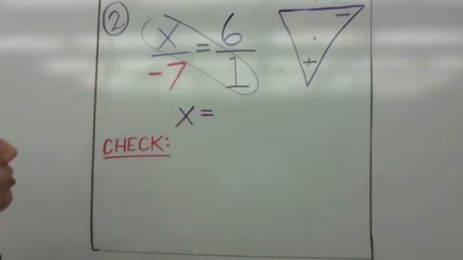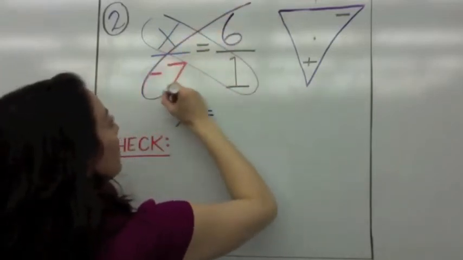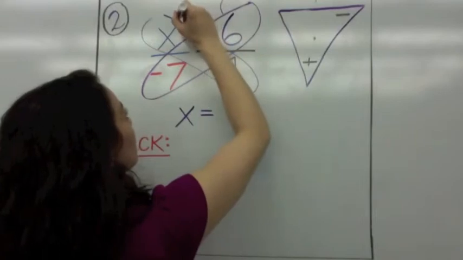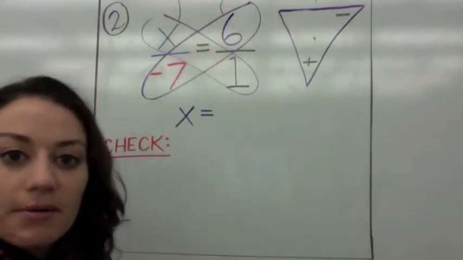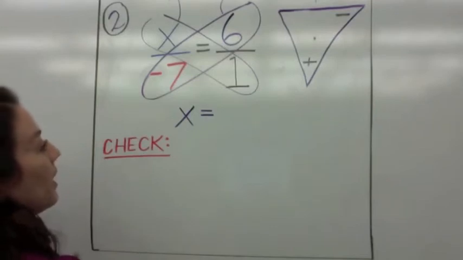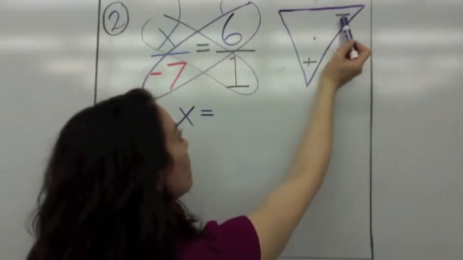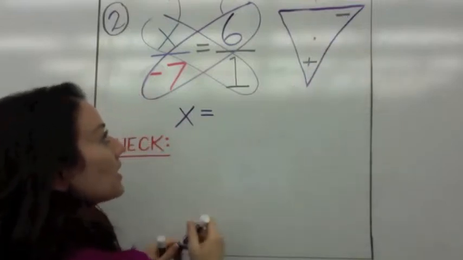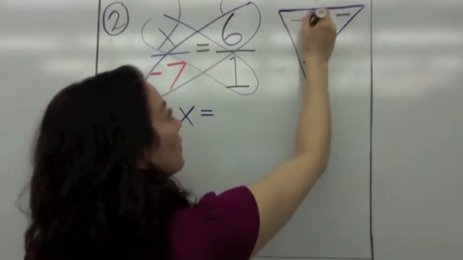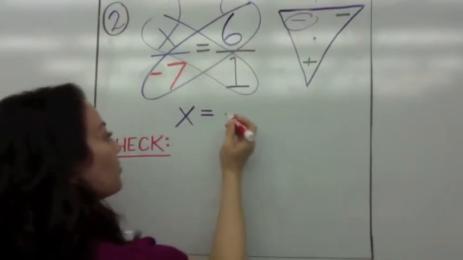Now we're going to do the other wing of the butterfly. We have a negative 7 times a positive 6. There's your butterfly. A negative 7 times positive 6 is negative, so our answer is going to be negative.